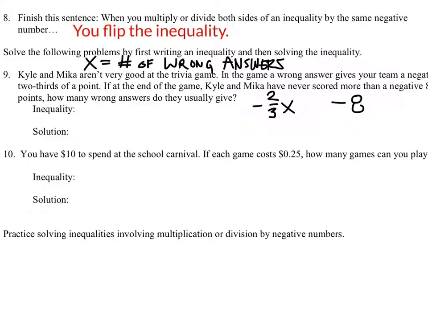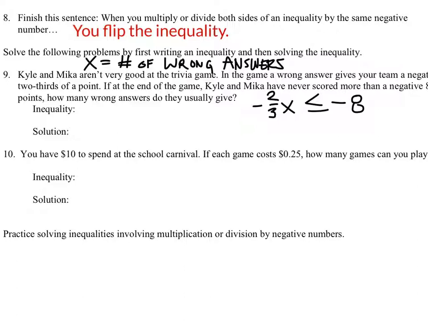Well, here's the thing: if negative 8 is the most, that means the number of points they scored has to be less than that negative 8, right? So we'd have to have a less than there. But the question is also, could they have scored negative 8 before as well? Well, yeah, they just never scored more than that, so it's going to be equal to that. So this is our inequality.